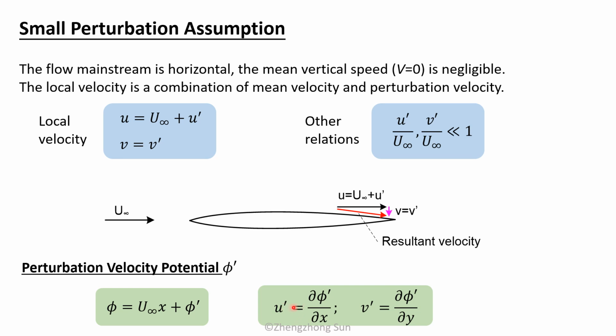And because the perturbation velocity potential's definition is similar to the full velocity potential, we have u prime equals partial phi prime divided by partial x. V prime is partial phi prime divided by partial y. So that's the relation. Okay, so let's see how we can utilize these relations to do the simplification.